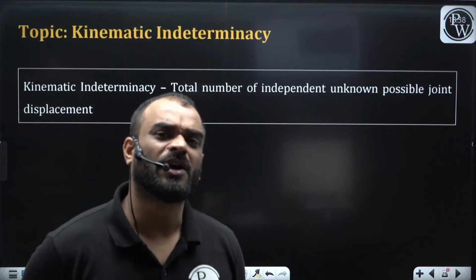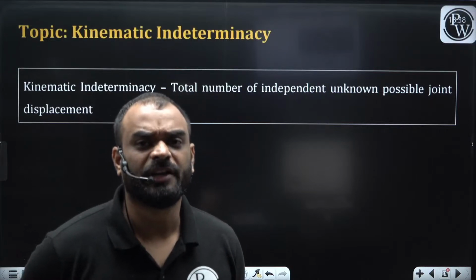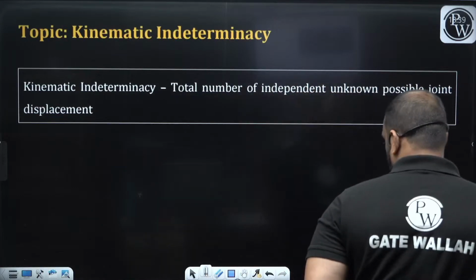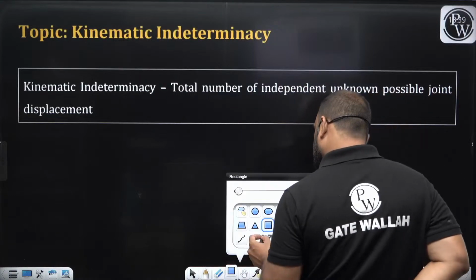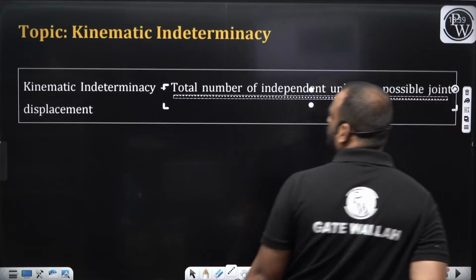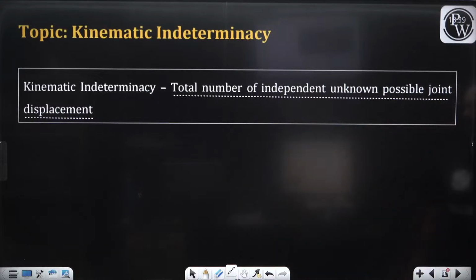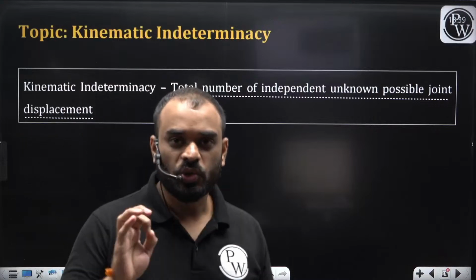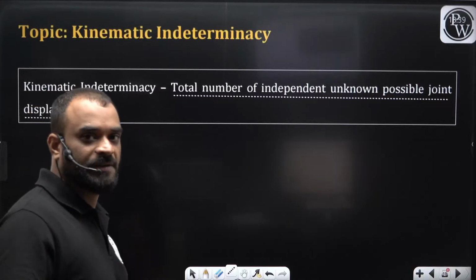If you are able to find it out, then you are able to get the value of dk. Please remember this particular statement or definition, otherwise we are not able to develop the formula for dk. Total number of independent unknown possible joint displacements.